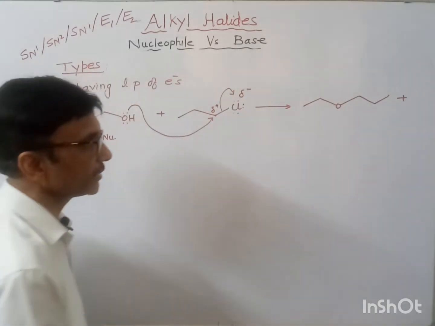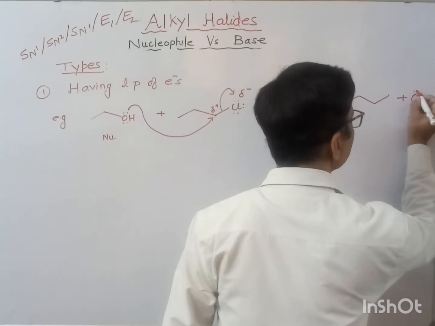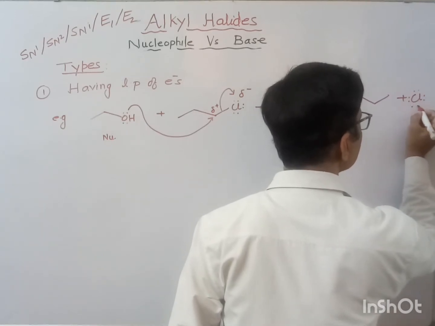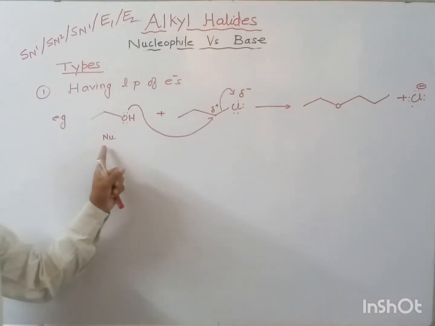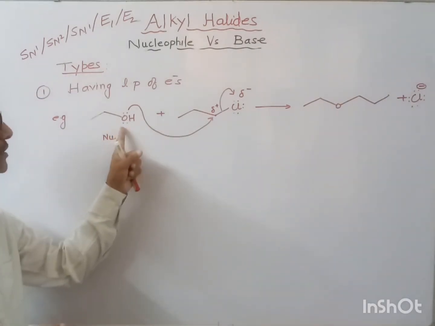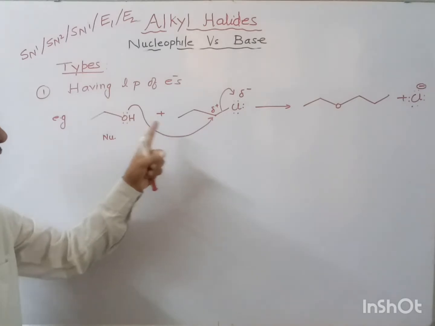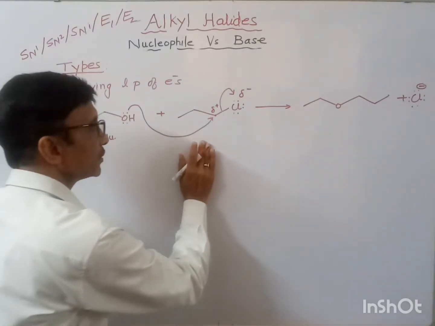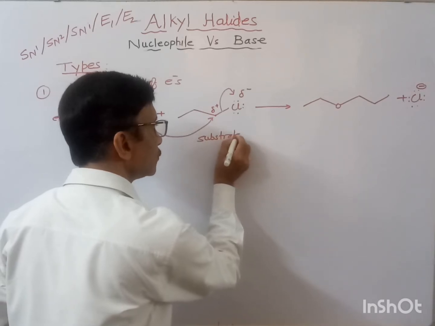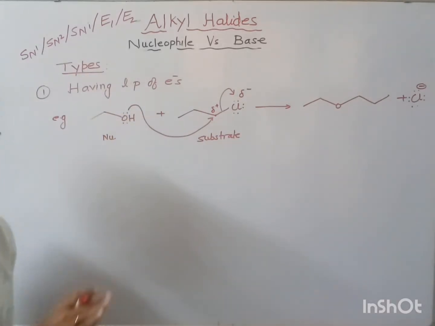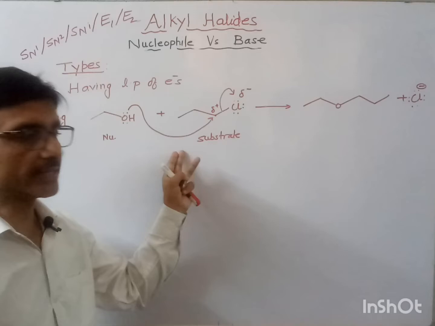This chloride ion will leave, taking the electrons with it. So this is a nucleophile having a lone pair of electrons, and here this is the substrate molecule. This is a nucleophilic substitution reaction, which we will see in detail later on.